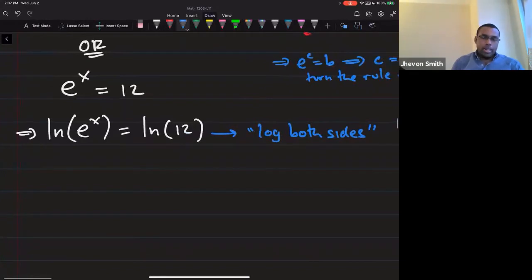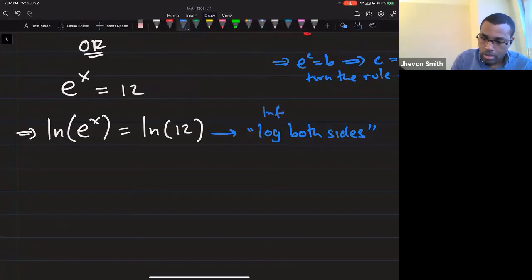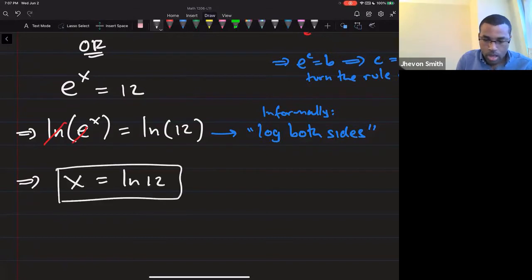So I can have an equation like this and I'll say, oh, just log both sides. And I really mean what I just did. So informally, you log both sides. And now you can apply the rule, and those guys cancel, so you just get x, and then you have ln of 12 on the other side.